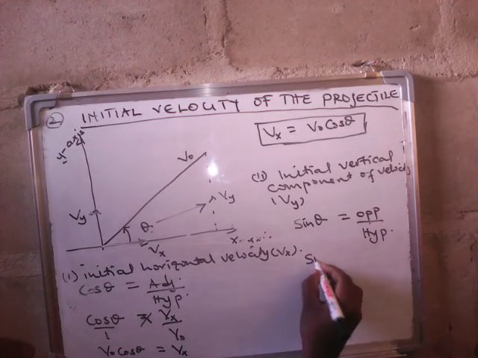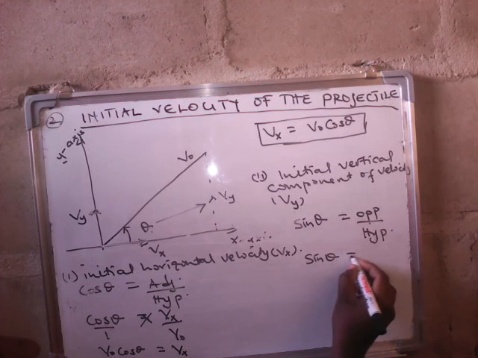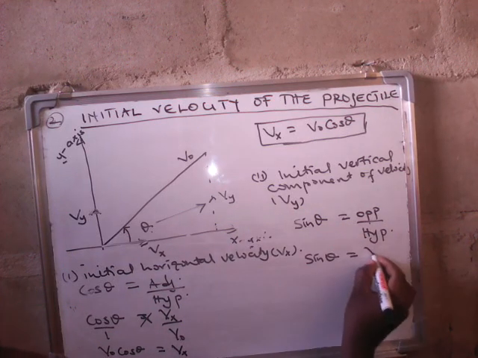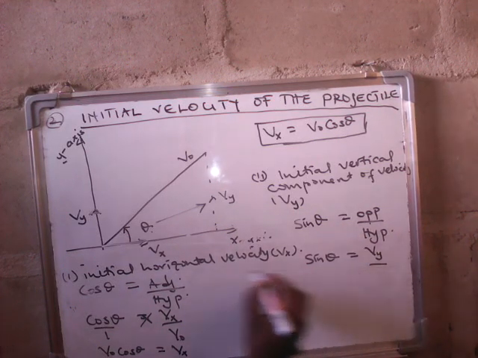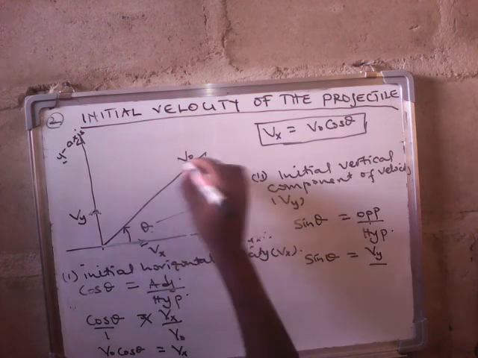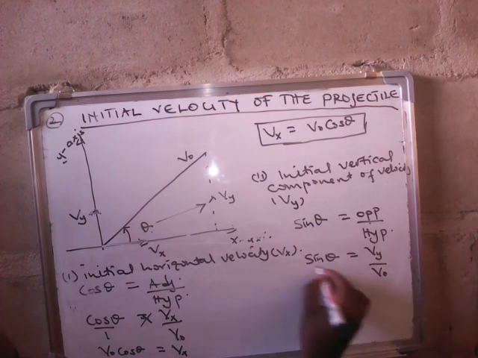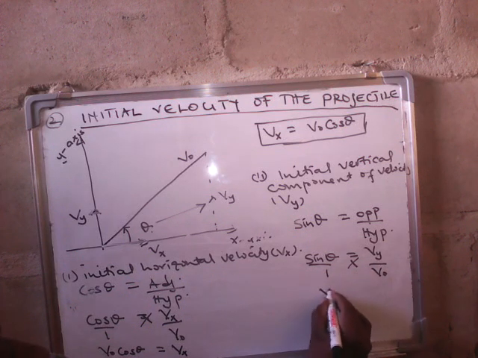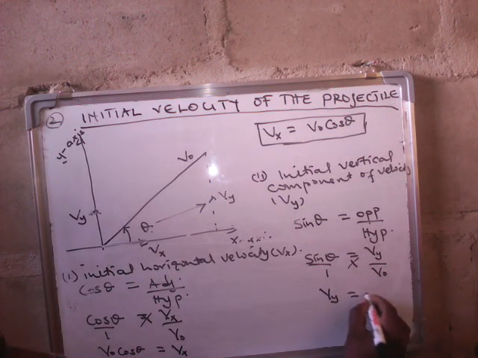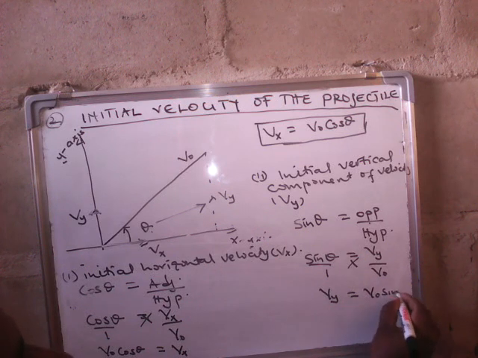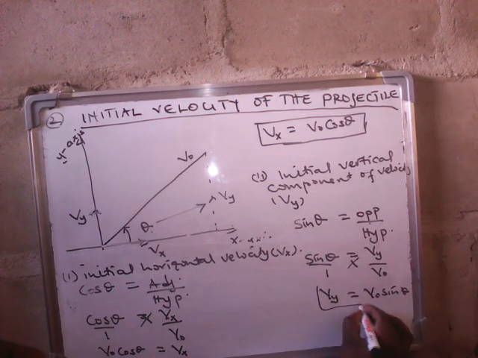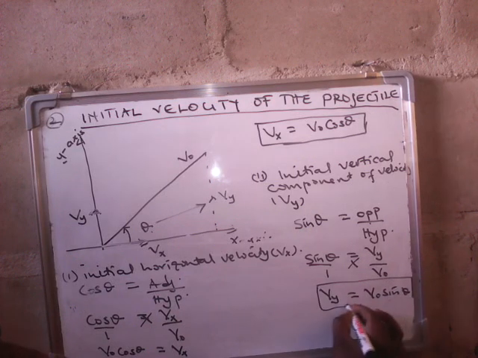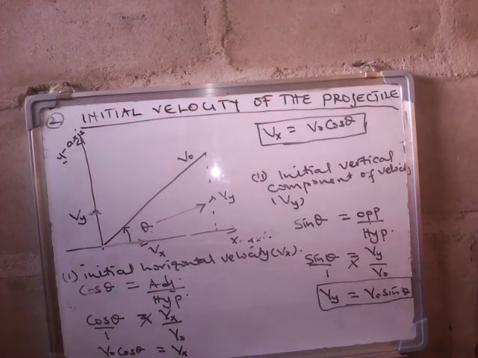Then our sine theta will be equated to opposite, our Vy, over hypotenuse, which is v naught. This is over 1, cross multiply. You obtain your Vy is equal to v naught sine theta.